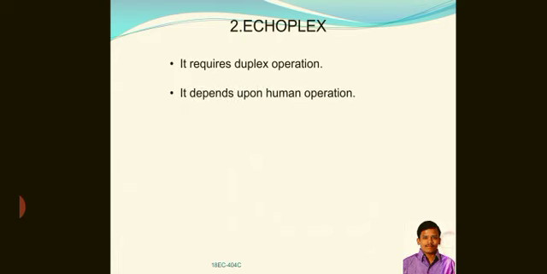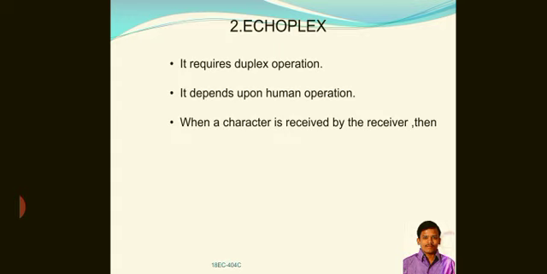Next one will be ecoplex. Here we require duplex operation. Maybe you know the different types of communication: simplex, half duplex and full duplex operation. For ecoplex we require duplex operation, and this depends upon the human operation.